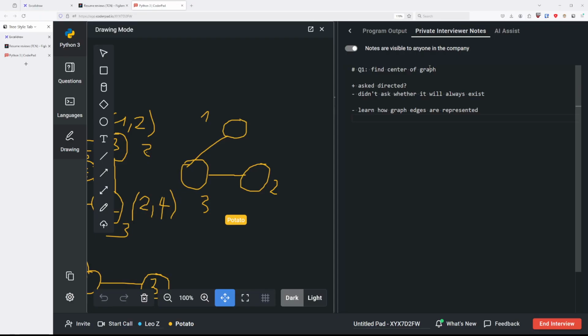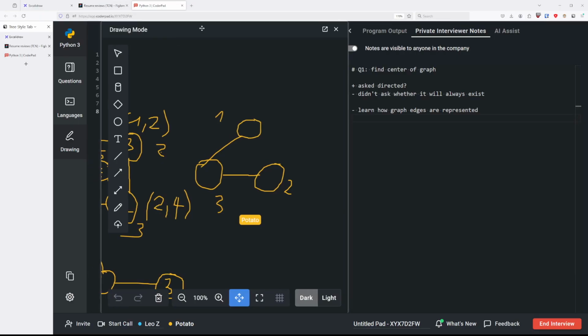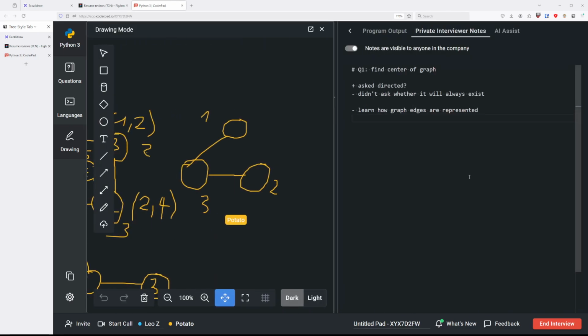That would tell you that, but what would you do with it though? So if node 3 connects to node 1, and node 3 connects to node 2, then node 3 is the center. Then we check node 1 connects to node 3, but node 1 does not connect to node 2.